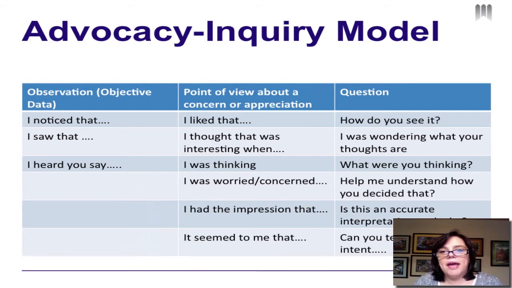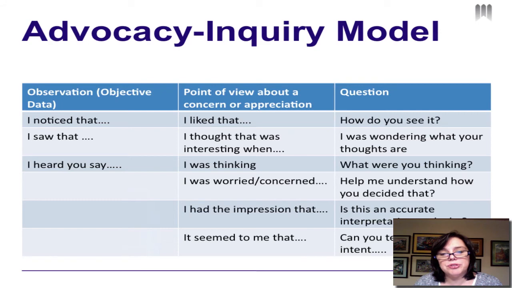I saw that you didn't place the stethoscope in the correct placement. It concerns me because. These are just some examples, and I was wondering what you were thinking, or I was wondering why you might have done it that way. These are just a couple of examples of wording that you can use. Another one that I use a lot is, I observed you do this.